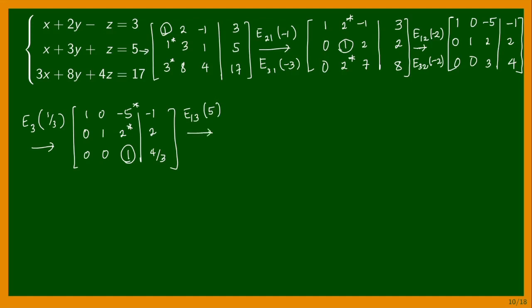Okay? To eliminate 2, we eliminate the one in the second row, the pivot is in the third row. We multiply negative 2 to the pivot. So we get the following. 1, 0, 0, that's the goal. We wanted to eliminate that really.